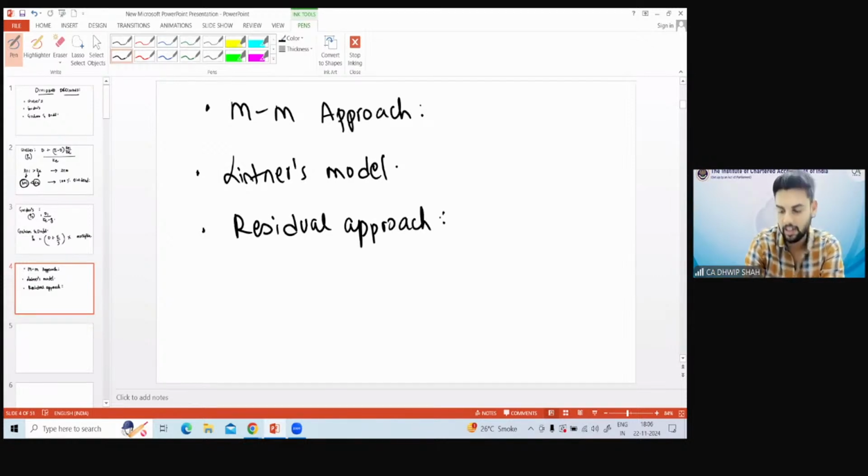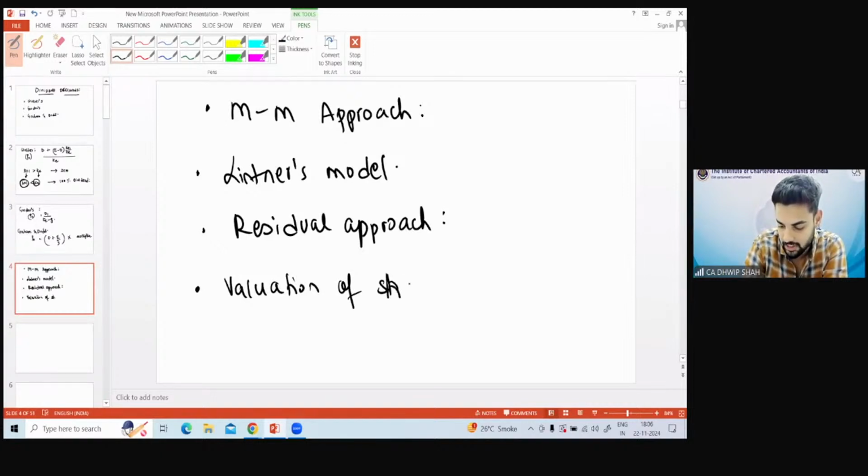These are the learning objectives. And if time permits, we will also briefly discuss the concept of valuation of stock or shares. Okay? These are the learning outcomes of today's session. We would be learning MM approach of dividend, Lintner's model of dividend, residual approach of dividend, and if time permits, we will quickly understand how valuation of shares works.